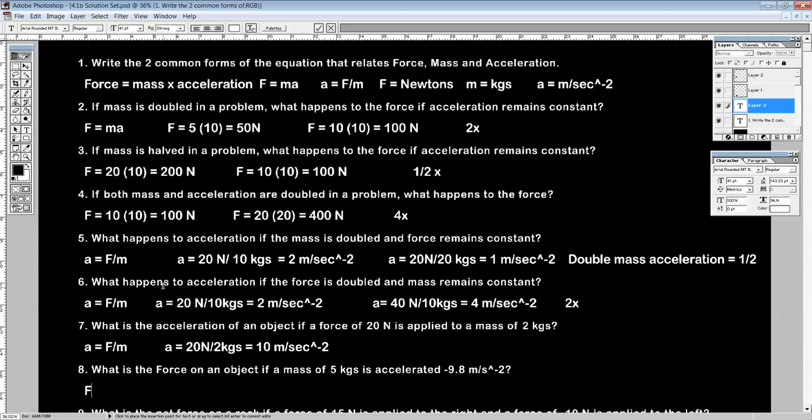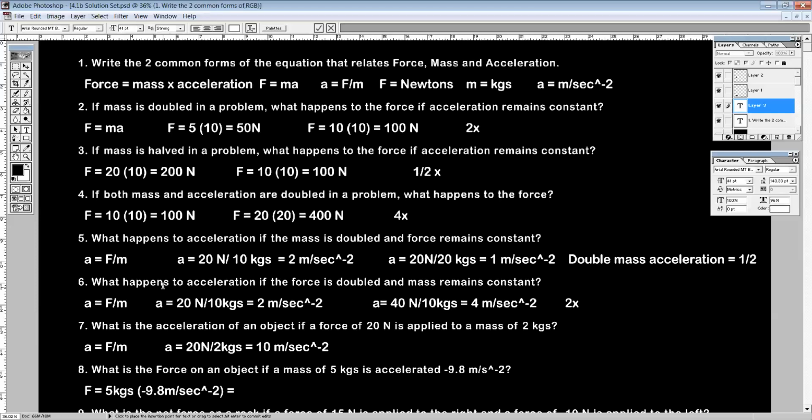All right, and let's see. Here is a straightforward F is equal to ma calculation. Force is equal to 5 kilograms times, and let's just put that in parentheses, an acceleration of minus 9.8 meters per second squared. There we go.